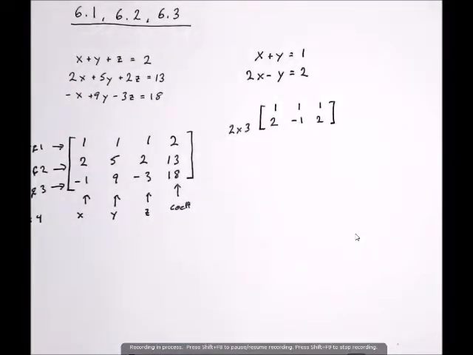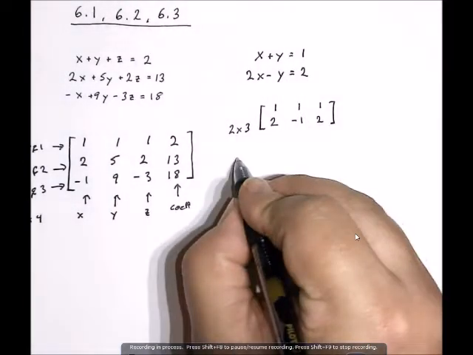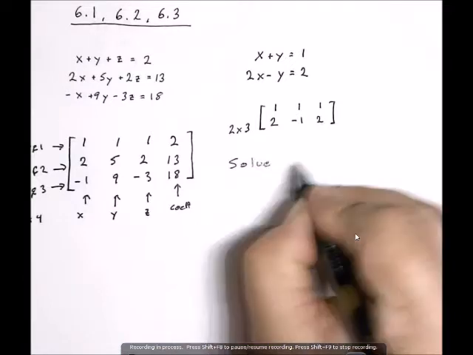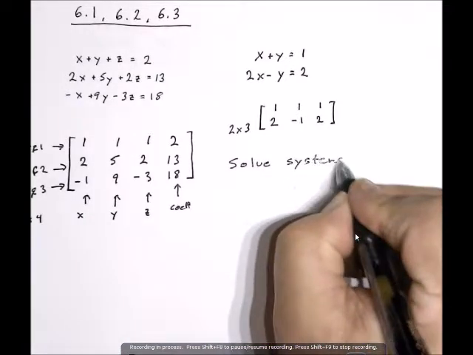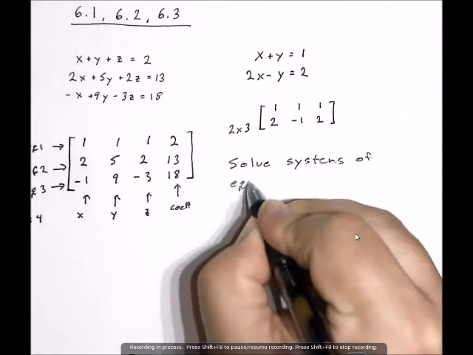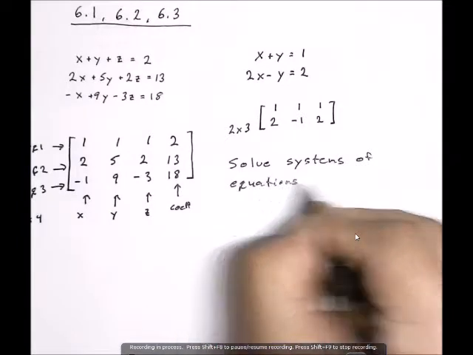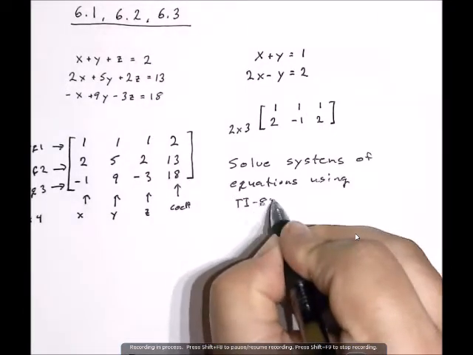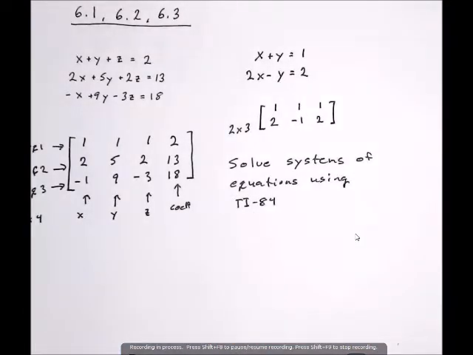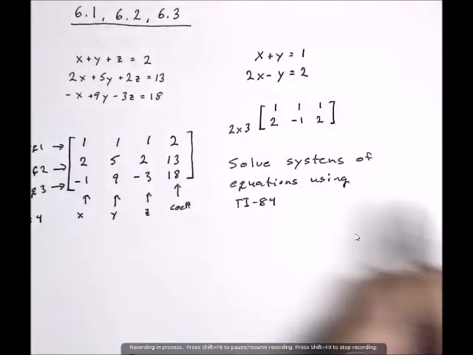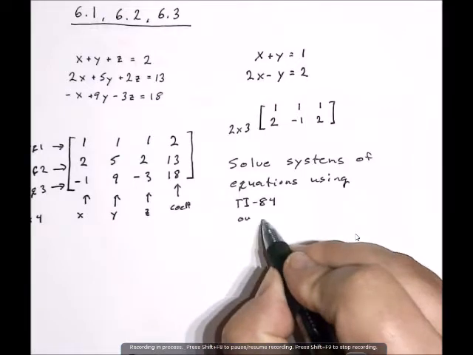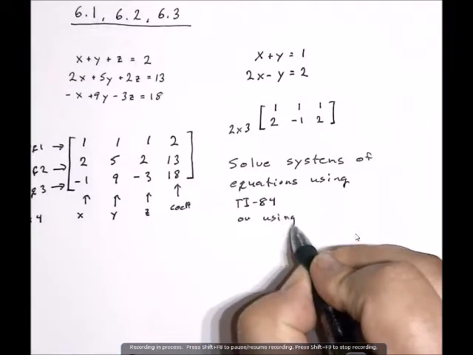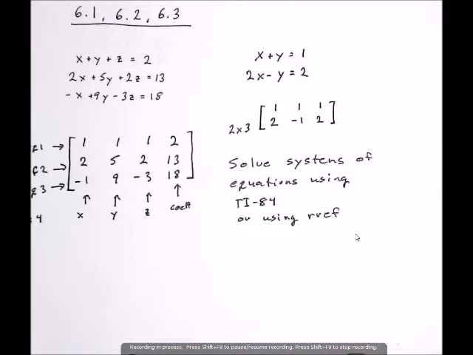So, for actually solving these, what you'll want to do now is go on YouTube and type in something like, solve systems of equations using the TI-84 or using RREF, reduced row echelon form.